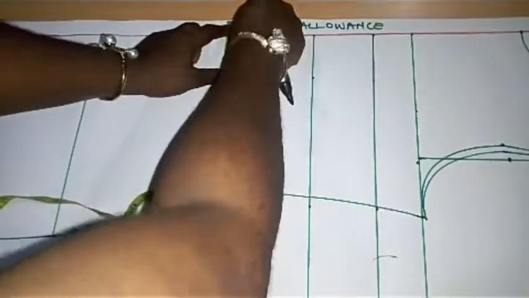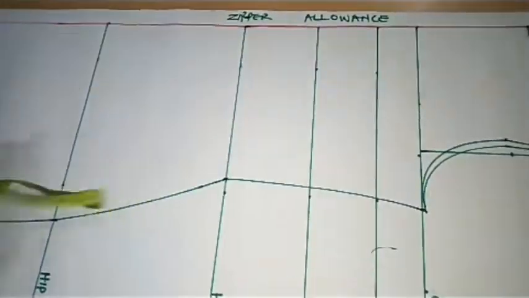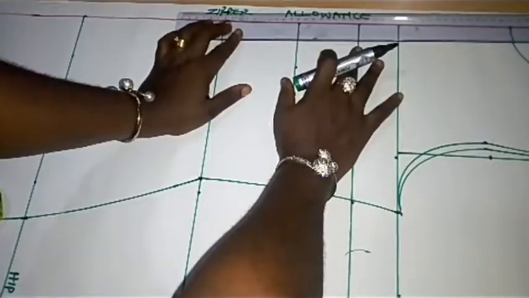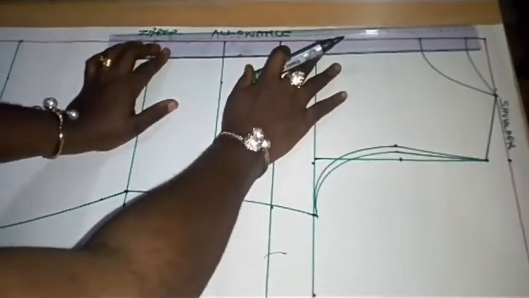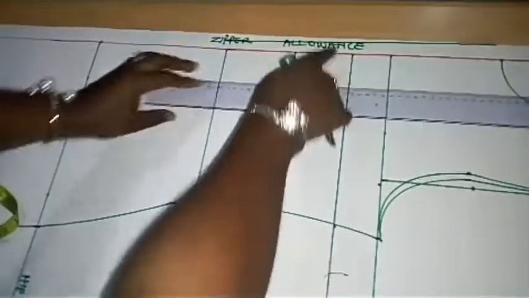From this 1 inch, I'm taking off half an inch for my contour line, and I'll be placing my ruler from that point to the neckline. You can see that. So I'm going to contour my line, okay.